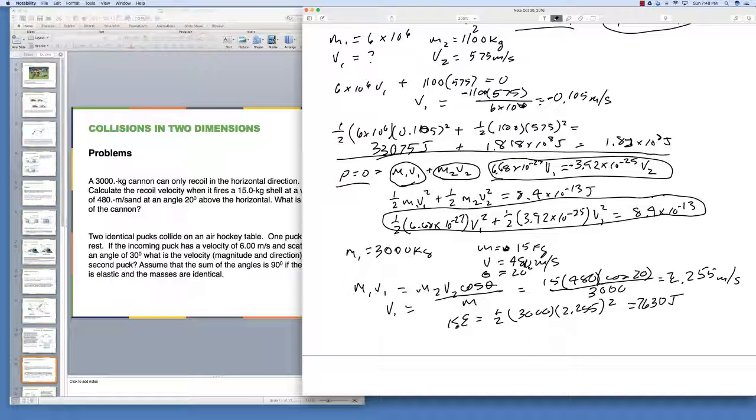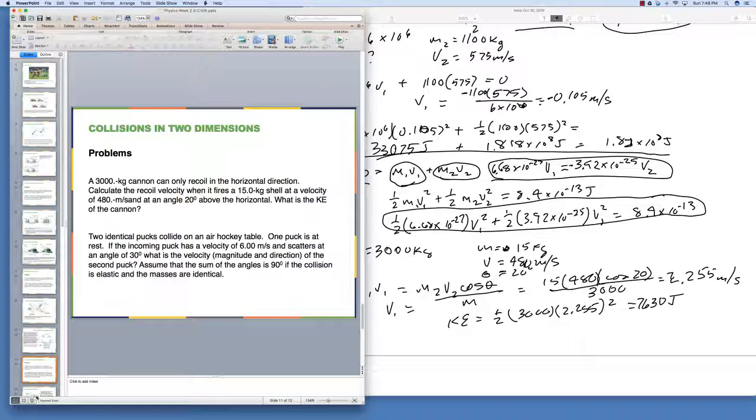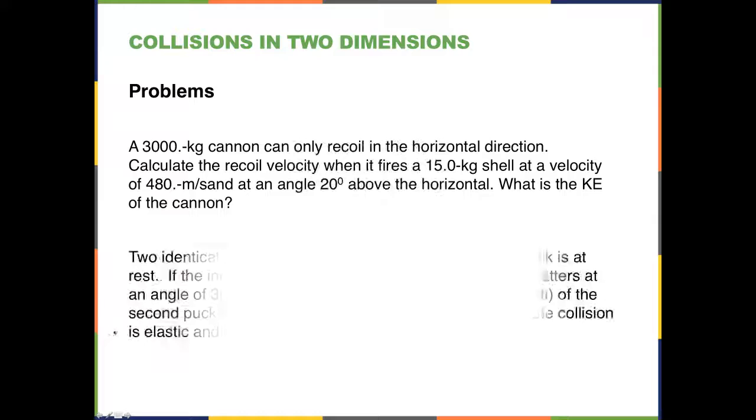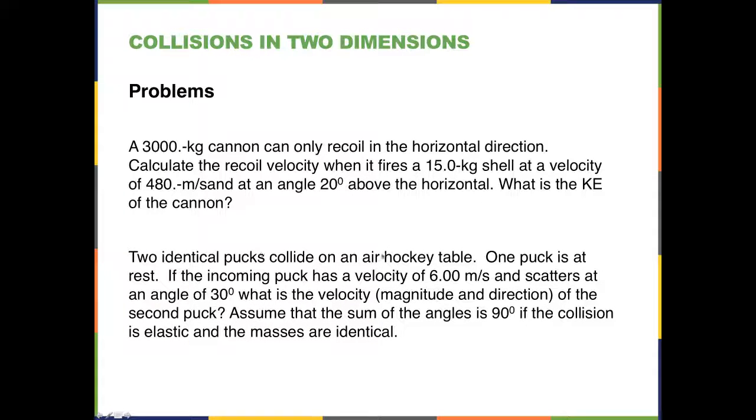The second problem here: two identical pucks collide on a hockey table. One puck is at rest. If the incoming puck has a velocity of 6 meters per second and scatters at an angle of 30 degrees, what is the velocity, magnitude, and direction of the second puck?